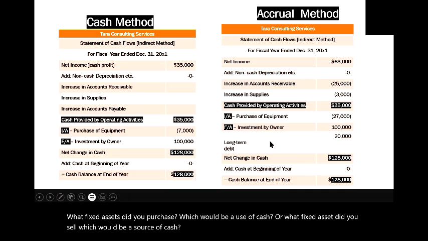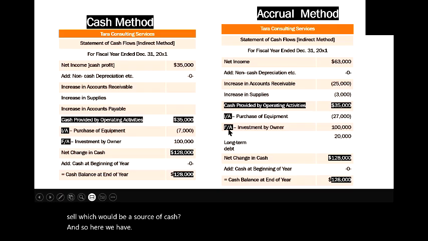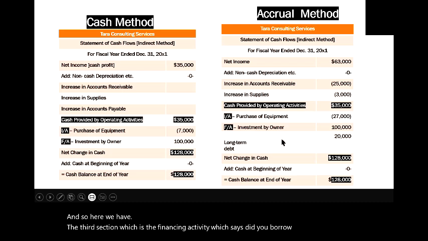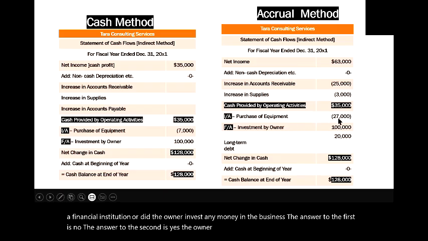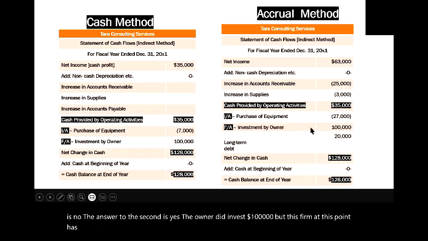And so here we have the third section, which is the financing activity, which says, did you borrow any money, as in from a financial institution, or did the owner invest any money in the business? The answer to the first is no. The answer to the second is yes. The owner did invest $100,000, but this firm at this point has not borrowed any money from a bank. Maybe that's what they're going to be doing when they submit these financials to your bank.